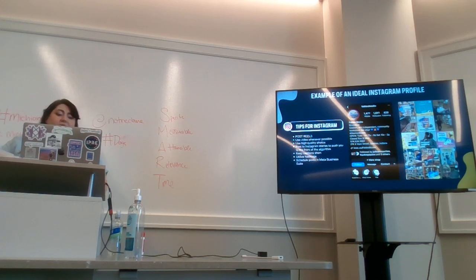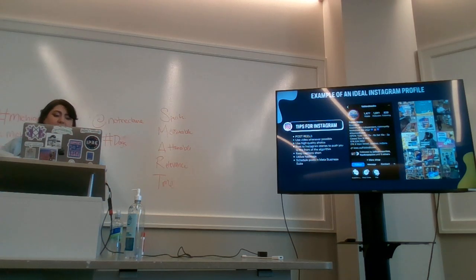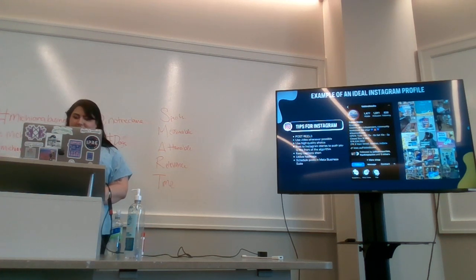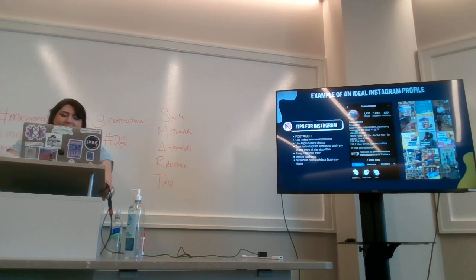So with Reels, when you post Reels, I think that's in the next slide, but we'll go over that. We're going to use video whenever possible. We're going to use high quality photos. And we're going to post to Instagram stories often to keep us at the front of the algorithm. If you see this little circle right here, that's where your Instagram stories are.